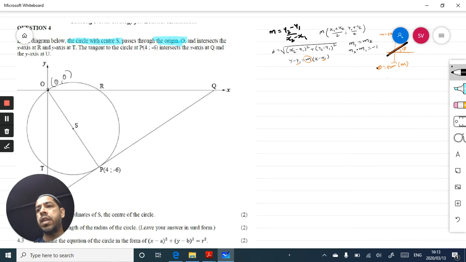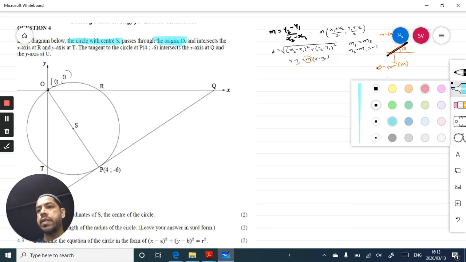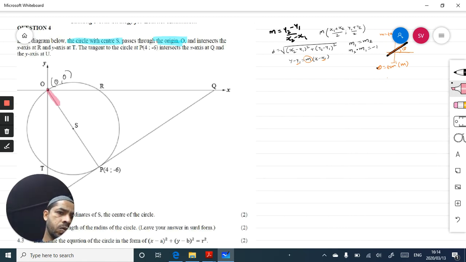Then if I observe the line from O to S to P, it becomes a diameter, and S is the midpoint of that diameter. I already have the two endpoints of the diameter.